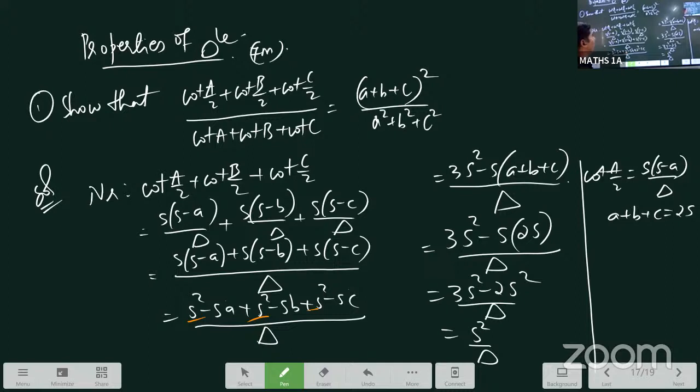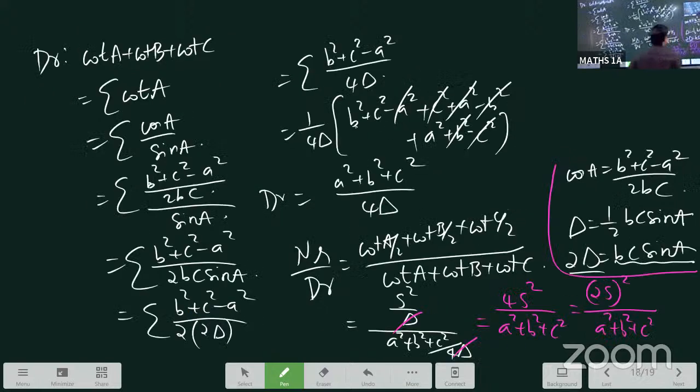On simplifying, I got S square by delta. Next, the denominator I took separately: cot A plus cot B plus cot C, which is nothing but summation cot A, and I wrote cot A as cos by sine. Is it clear? Most important sum that was.